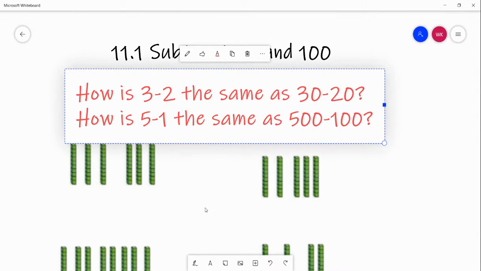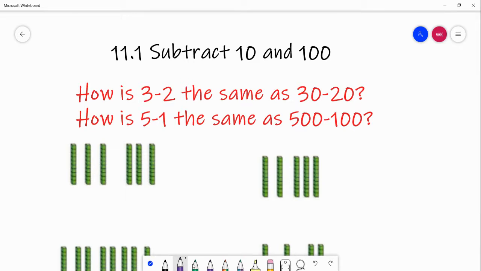So we know off the top of our head that 3 minus 2 equals 1, right? That's just a quick math fact that we know. So 3 minus 2 equals 1. Now let's work with 30 minus 20. I want you guys to look. We have in the tens place for 30 minus 20 the same subtraction problem like 3 minus 2, right?